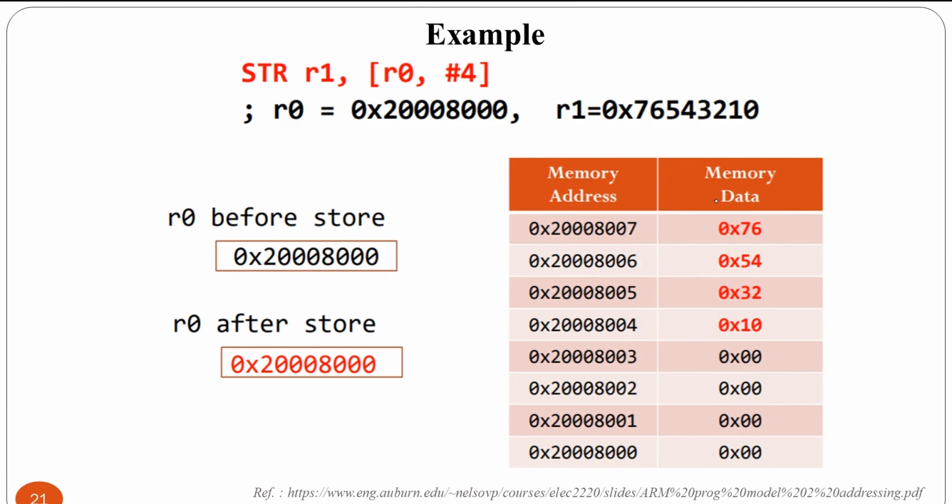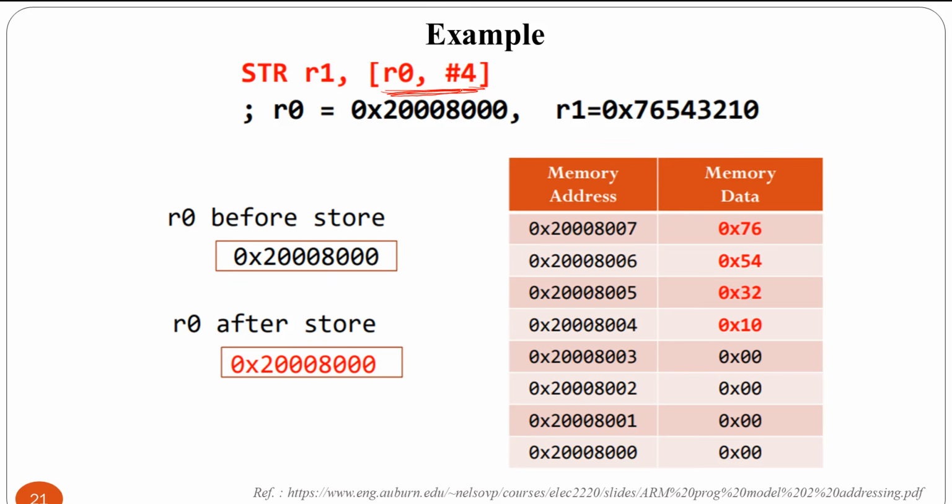Now here is the store instruction. In the store instruction we normally store data from register to the memory. So STR R1, R0, #4. Now here you can see we have to put our data inside this address, which is nothing but the combination of R0 plus 4.